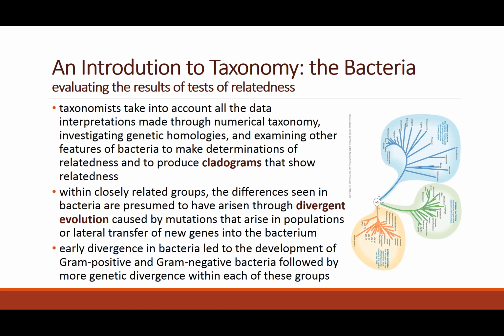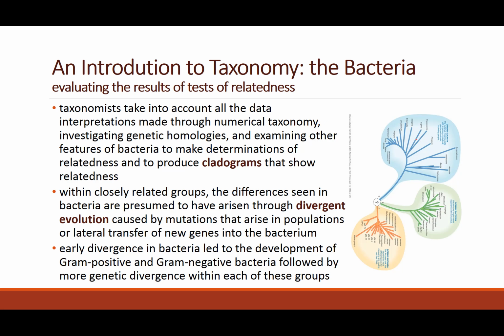So then what do the microbiologists do with this? They take all of this information that they gather from all these different sources, looking at numerical taxonomy, by investigating genetic homologies, and then examining the other features, the ribosomes and the responses to the phage typing tests.